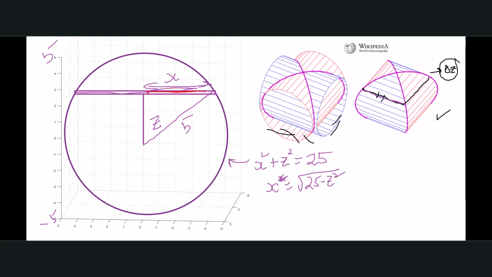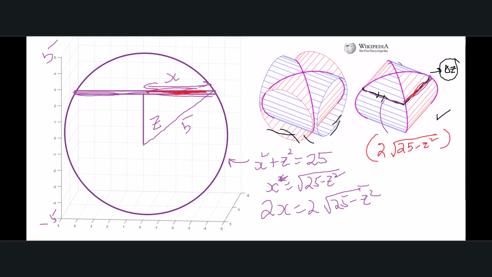Now, this being just half the length, the total length will be 2x, which is 2 times the square root of 25 minus z squared. This length will be the same, that is 2 times the square root of 25 minus z squared.